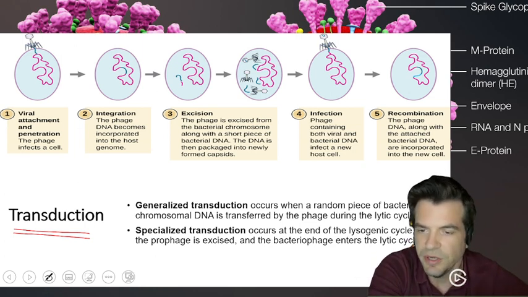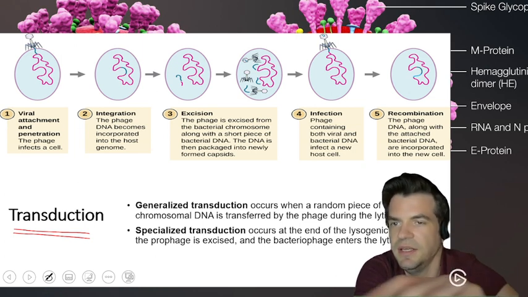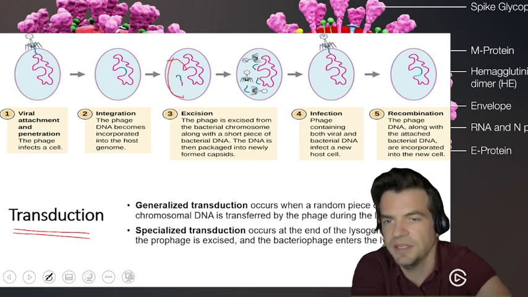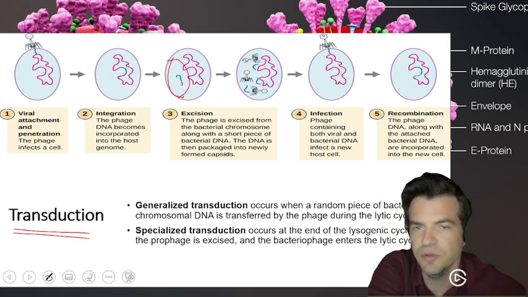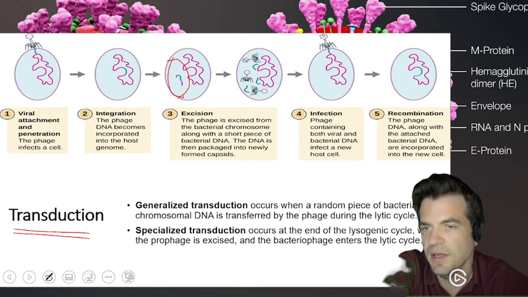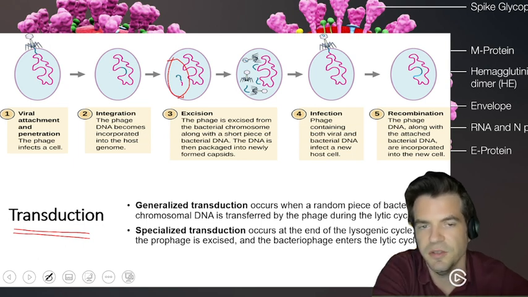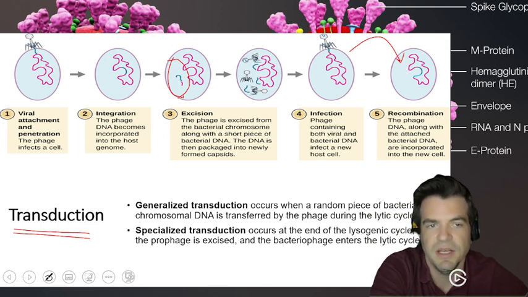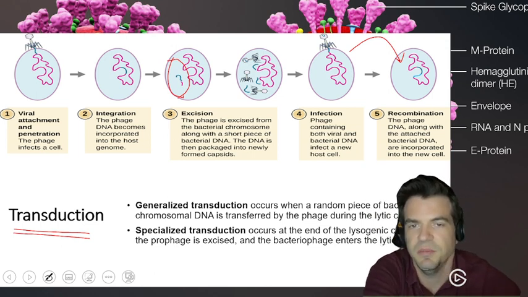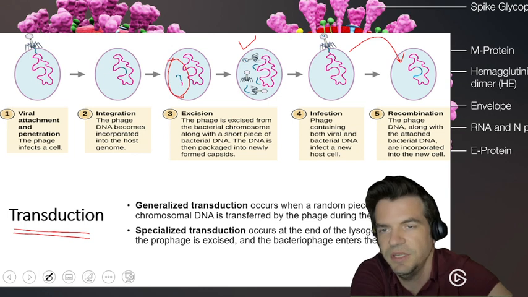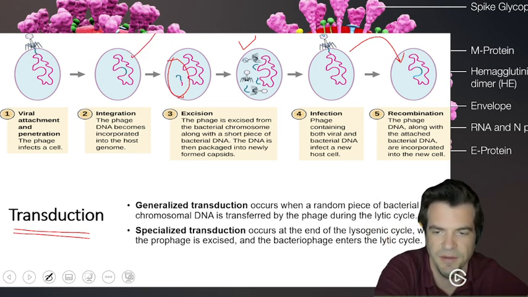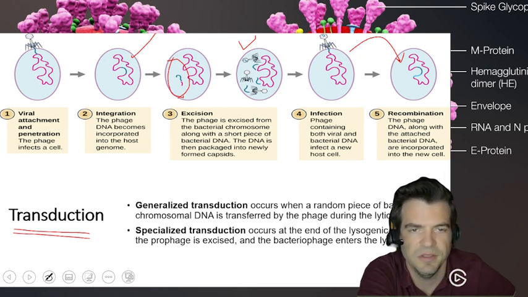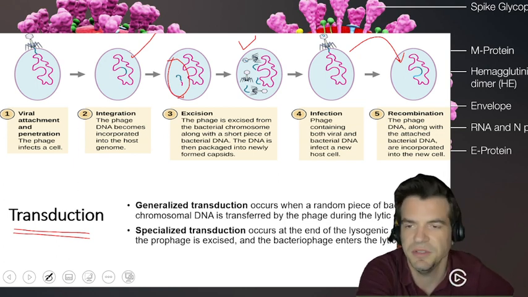You can have it either generalized or specialized, but the key is that when it gets excised as a prophage, it includes some of the old host DNA. So when it finally gets back into a new host, the new host has both the viral DNA and a tad bit of the old host DNA. And that is how also viruses can replicate.